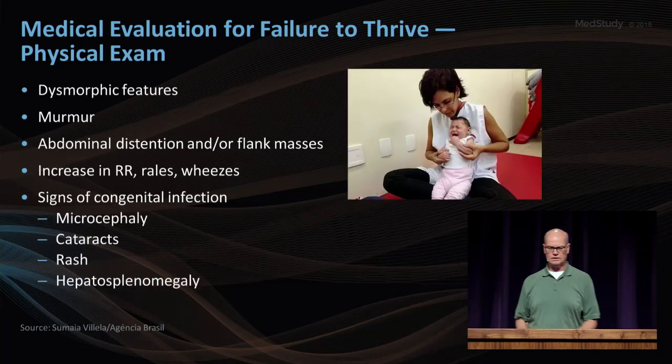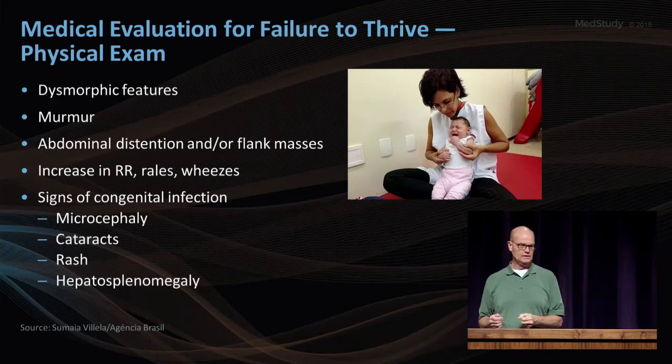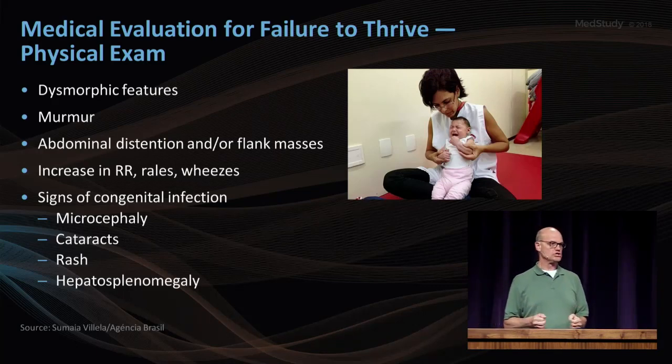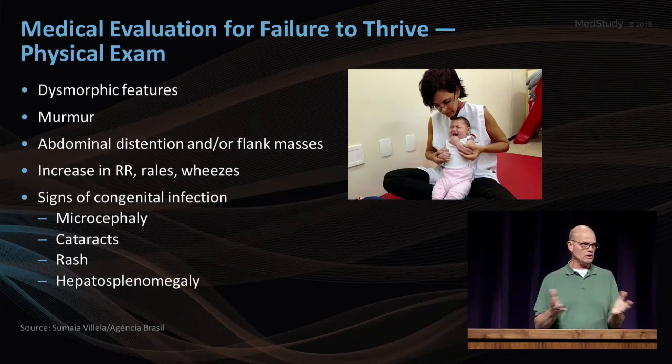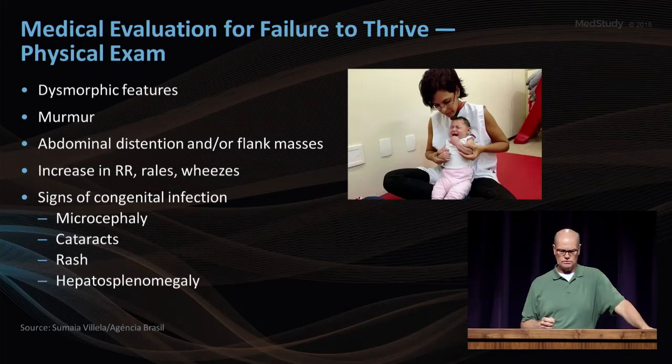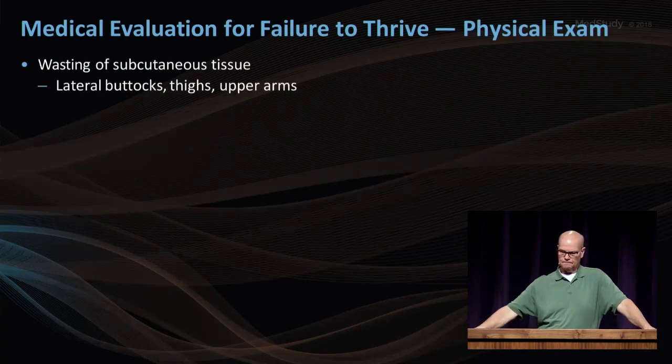And signs of congenital infection, so microcephaly, cataracts, rash, hepatosplenomegaly, jaundice, all the things that we've talked about on several occasions this week in regards to TORCH infections should all prompt a medical evaluation.